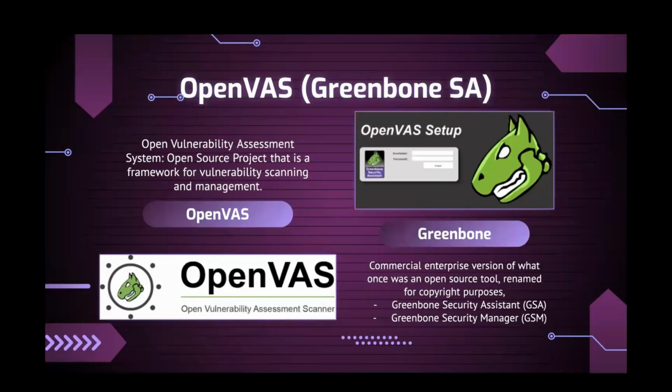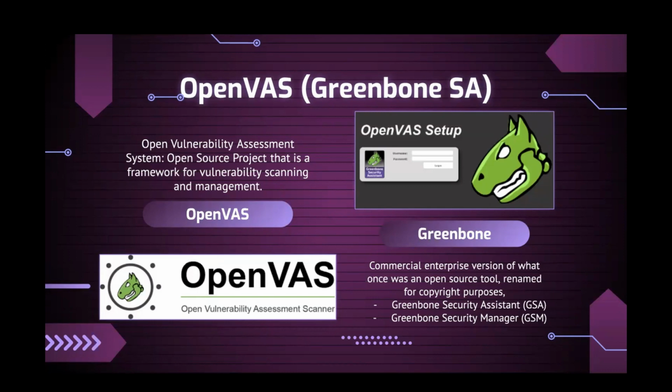So to talk about OpenVAS just a little bit more, or Greenbone Security Assistant, OpenVAS is the Open Vulnerability Assessment System, which is this originally open source project that is a framework for vulnerability scanning and identifying what you need to do with those vulnerabilities.